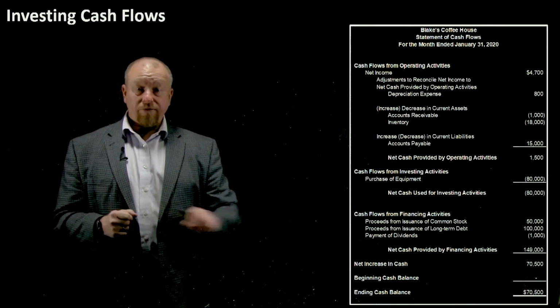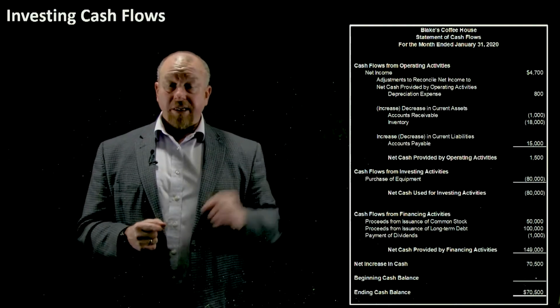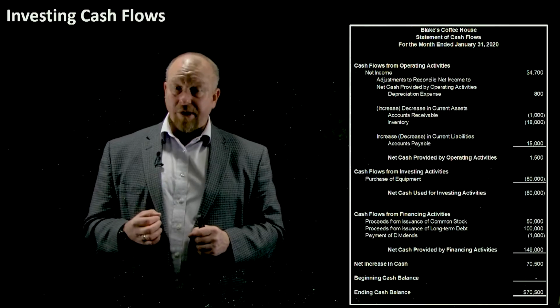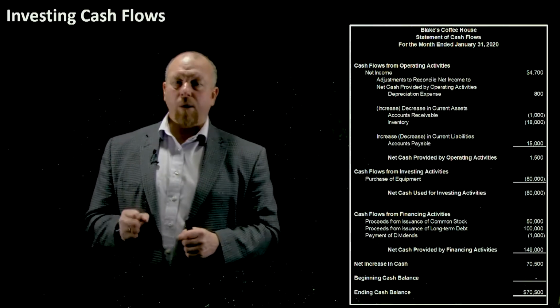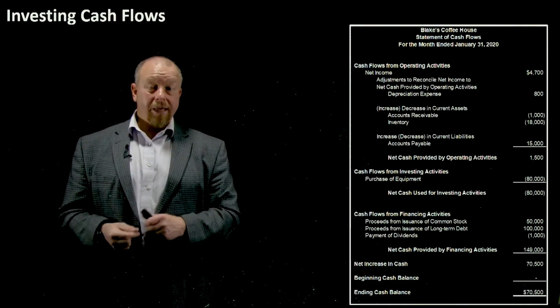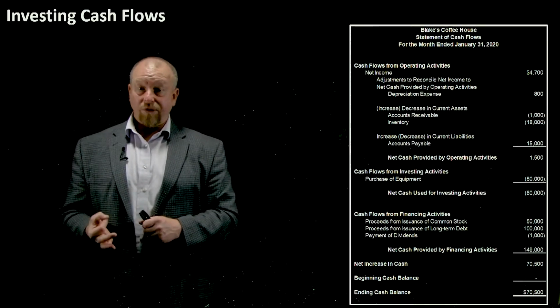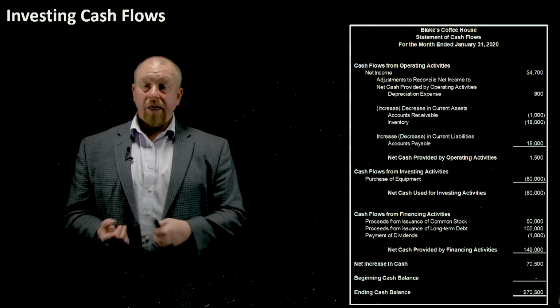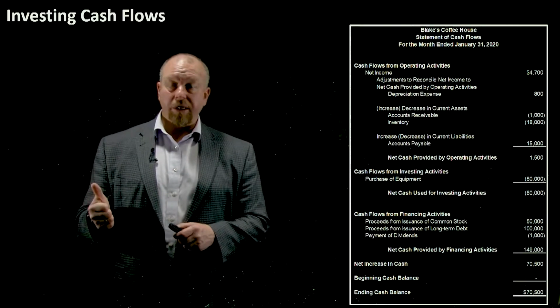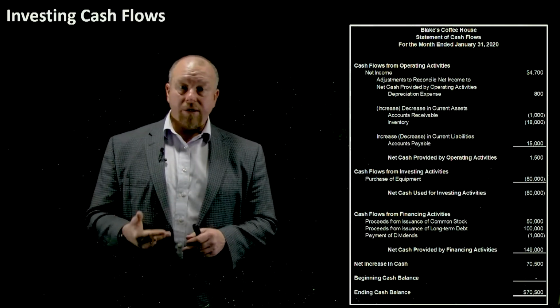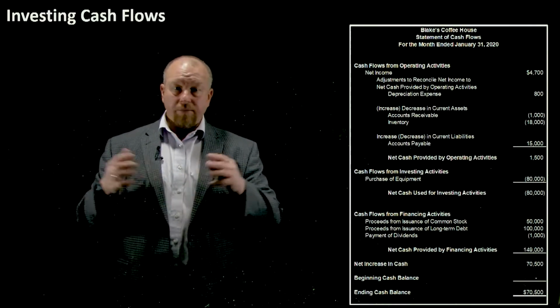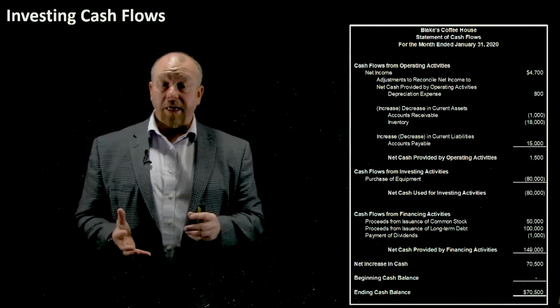Now, actually, flip it around. If your investing activities section shows a positive number, pause and think about what that really means. That means the company is selling its infrastructure. If it's a coffee house, that means they're selling their espresso machine. They're selling their furniture. They're selling their cash registers and maybe buildings or whatever assets they have.